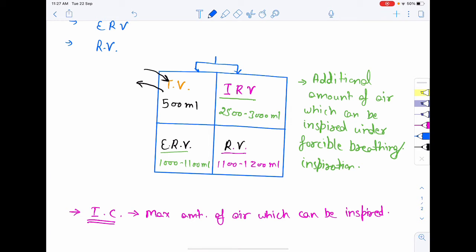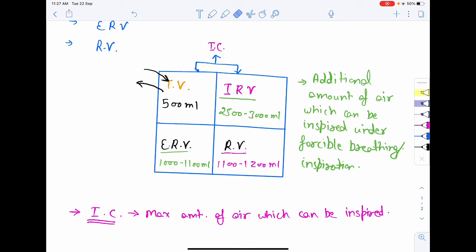It will become your inspiratory capacity. Okay, it's a maximum amount of air, because normally people take tidal volume under normal breathing, and if they use forcible inspiration, then they can use inspiratory reserve volume.